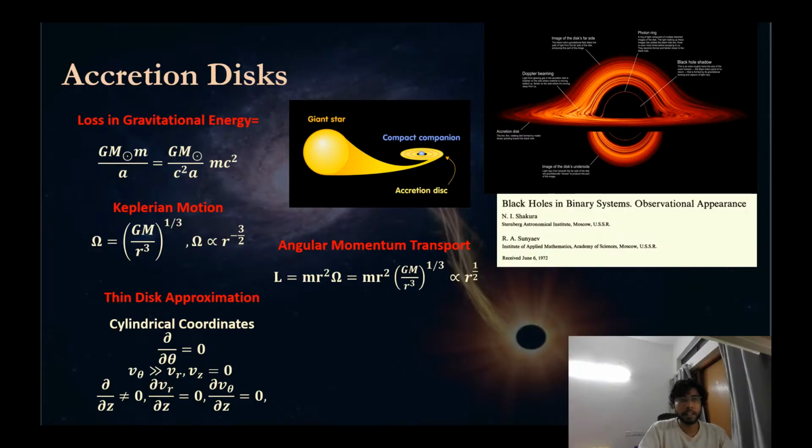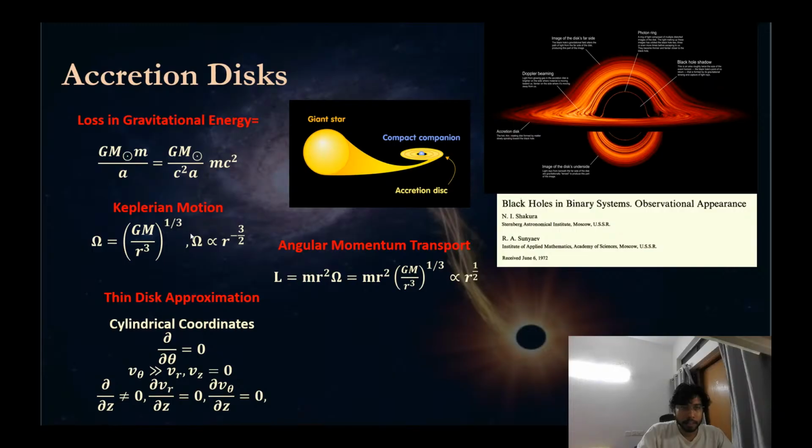It turns out that this is the most efficient process that exists in nature, even more efficient than a nuclear bomb or an atomic bomb. These can release a very high percentage of the rest mass energy of the matter that is being accreted. So this gives you the fraction of the rest mass energy that is being extracted.